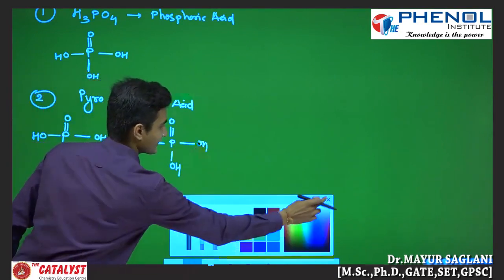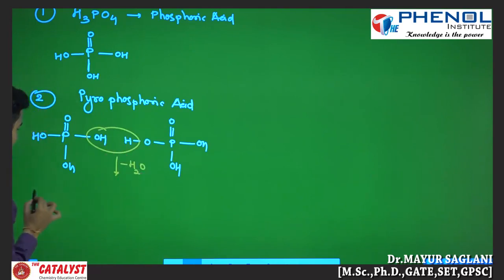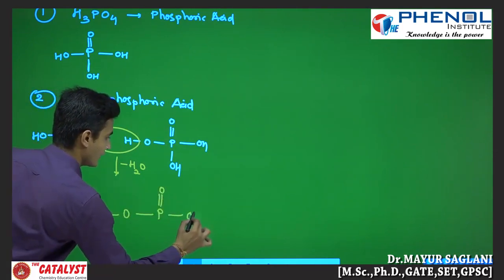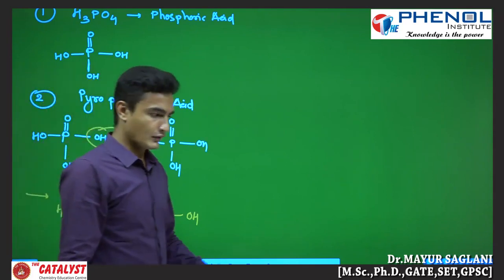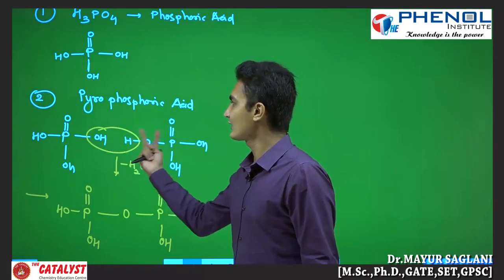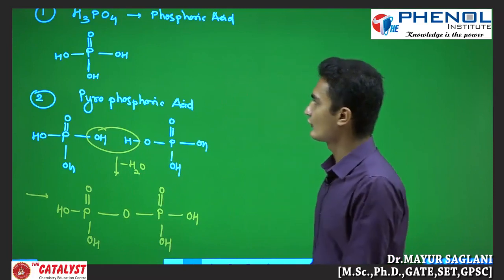If I remove H2O, then what will be the structure of pyrophosphoric acid? P double bond O, O, P double bond O, OH, OH, likewise here OH and OH. Easy or not? Fine. So pyro means 2 molecules of acid react together, or you may say condense to give H2O. Okay, this one is pyrophosphoric acid.